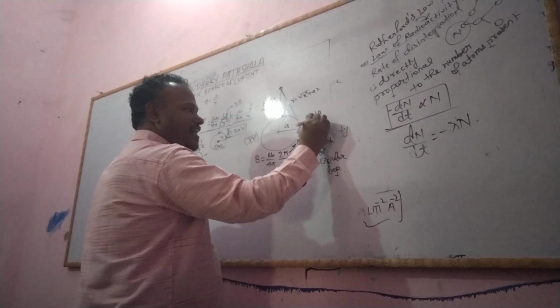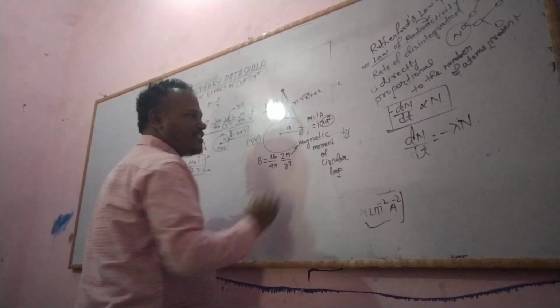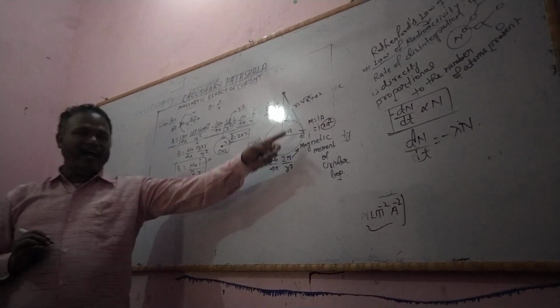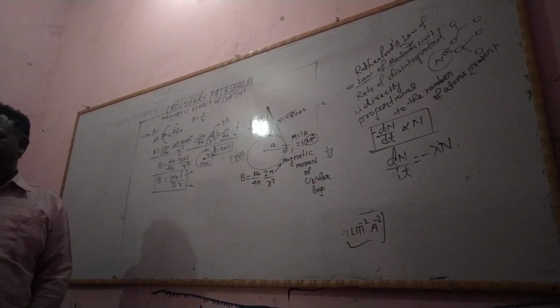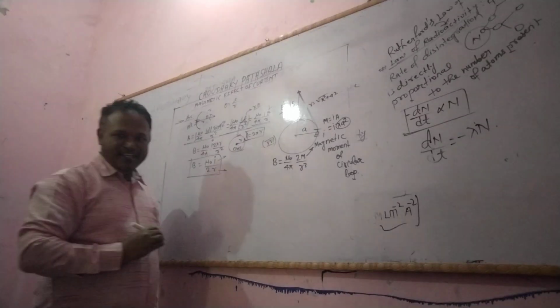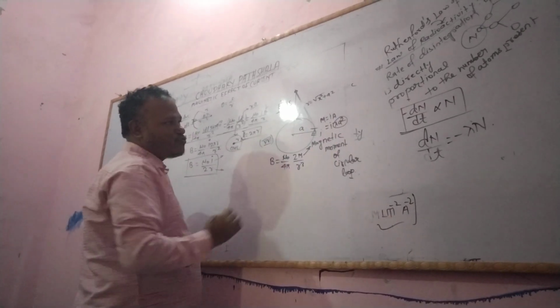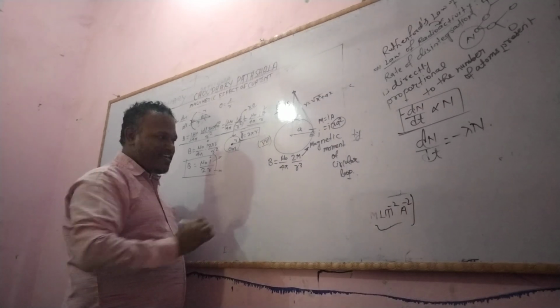What is the area of the circle? The area of the circle is pi a square. Are you understanding this? So here m is equal to I into pi a square.